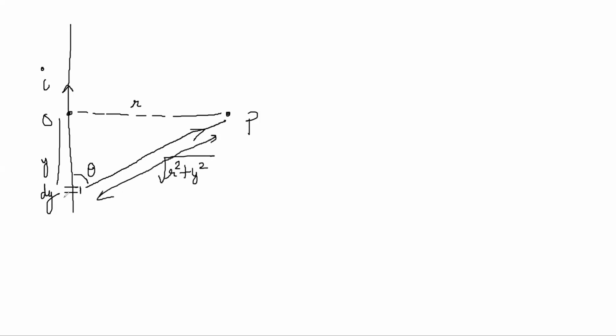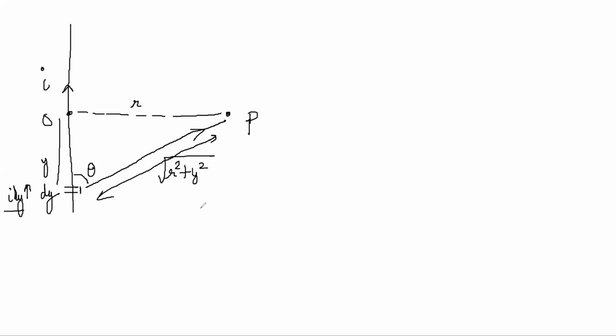This is a long straight wire, and I want the field at this point. Last week also we had done this, but I'm just revising. Make sure that you get it finally. You should be able to derive this yourself, right? So dB due to this current element is I into dy.